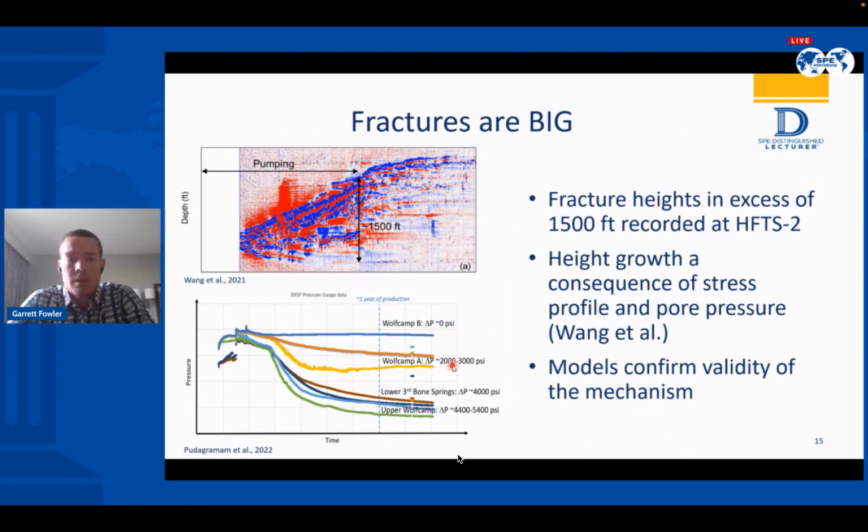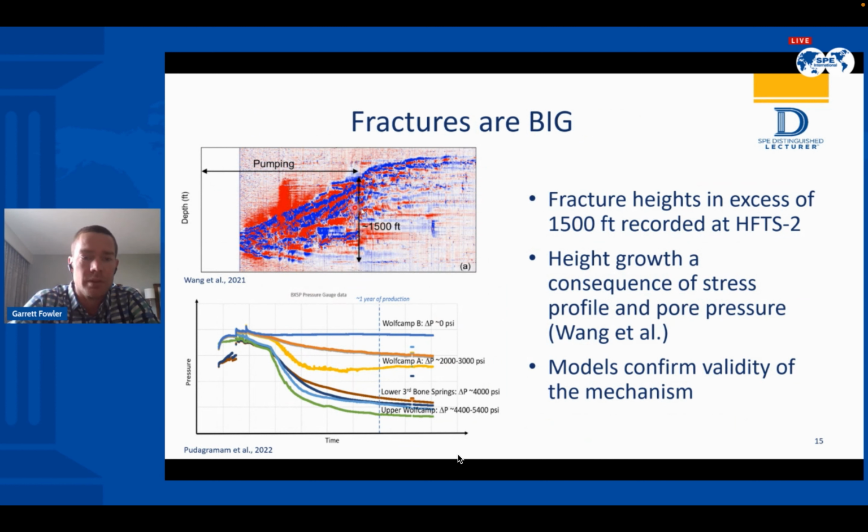And finally, now we have evidence in the vertical direction as well, where people have started drilling vertical wells within pads. And this is an example from HFTS2, which is in the Permian Basin, with a vertical well that was drilled in the middle of a 4-well horizontal pad, and looking at the strain response of those stages that are fracked adjacent to the vertical well.